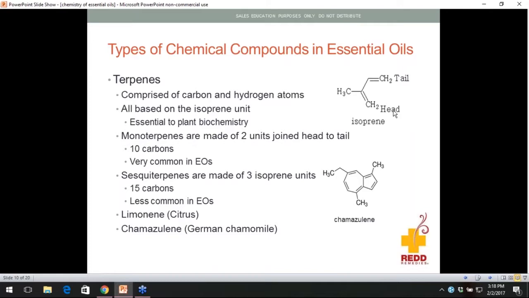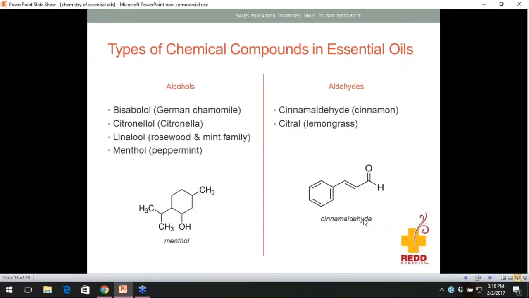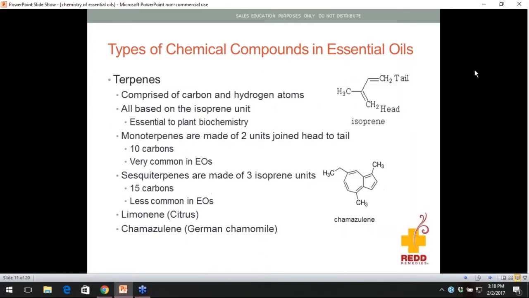You have a tail and you have a head. Monoterpenes are two of these hooked together tail to head. They'll join right here. And you'll see elements of this in chamazulene. You'll see it right there.